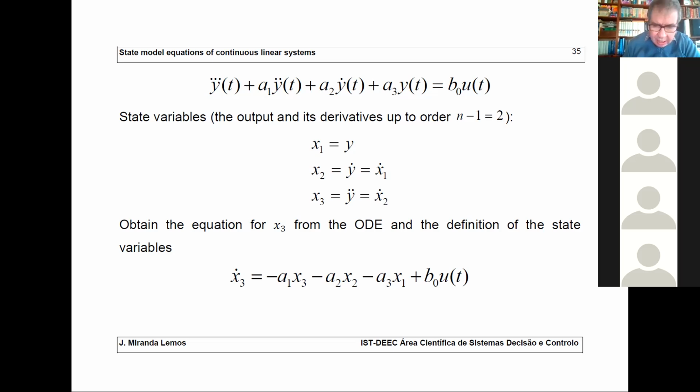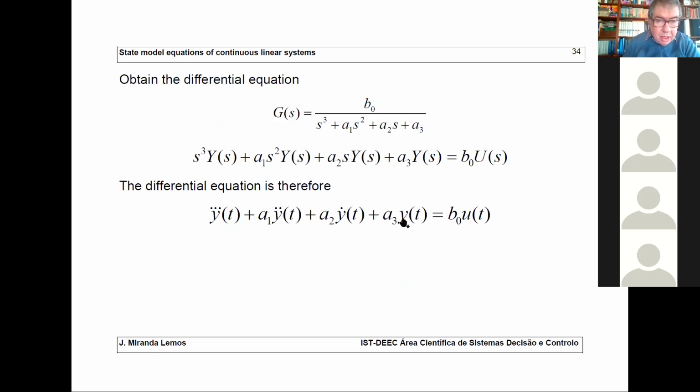So remember, what have we done? You start with your transfer function. Now you solve for y as a function of u using the definition of transfer function. You know that y of s is g of s times u of s, so you get this. Now you apply the definition of Laplace transform and you map this to a differential equation where a power of s corresponds to a derivative of some order of y.